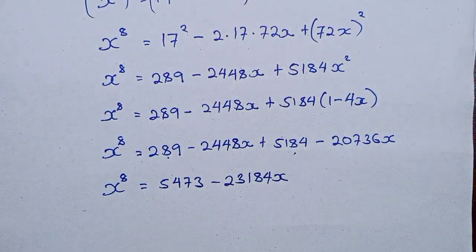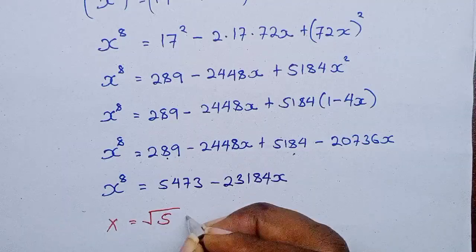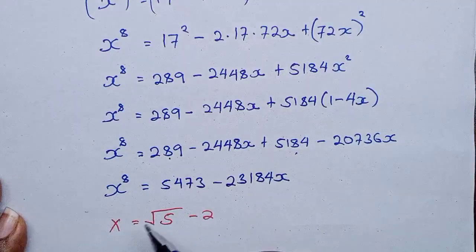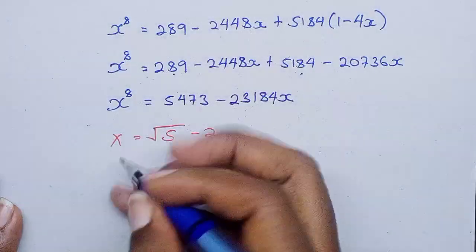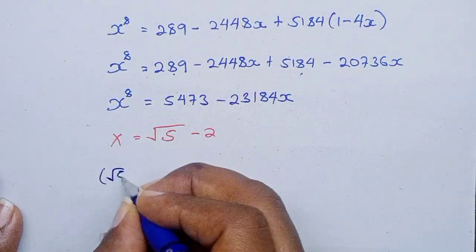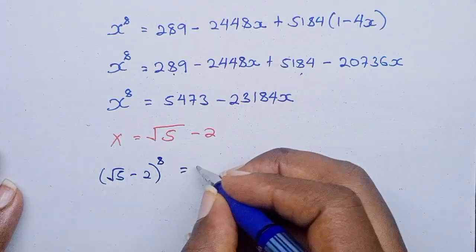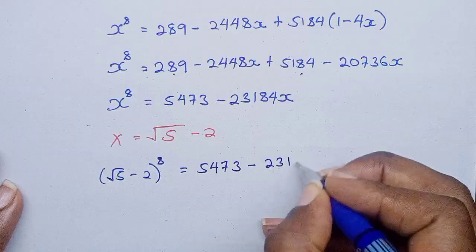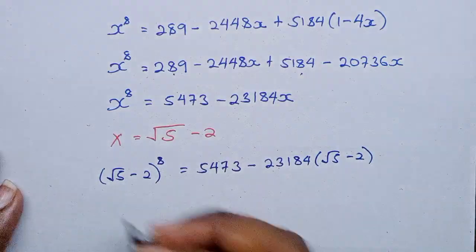But remember, we said let x be root 5 minus 2. So where there is x, we are going to put root 5 minus 2. So this here becomes root 5 minus 2 to power 8 is equal to 5473 minus 23184 into root 5 minus 2.